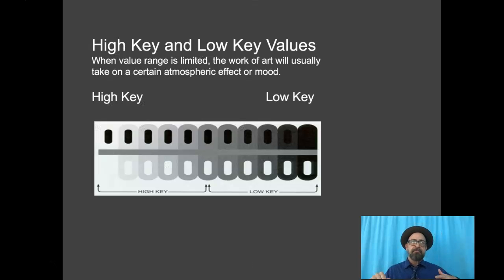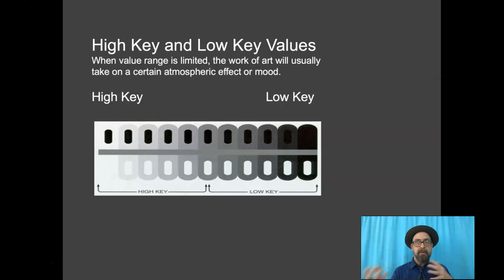Okay, so let's think about dark and light a little more in depth. If we have a high key image, that's essentially an image that focuses on the lighter end of value. Likewise, a low key image focuses on those darker shadow areas.